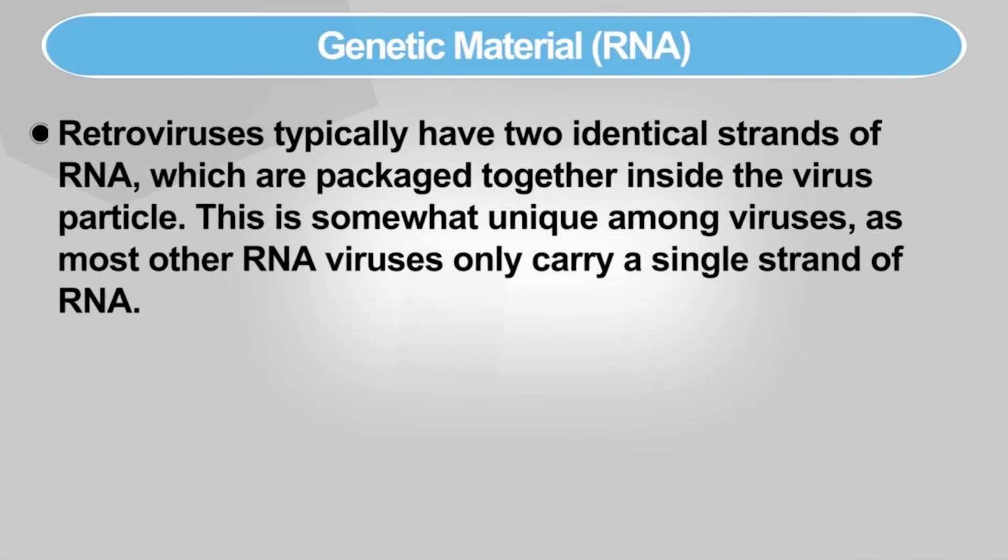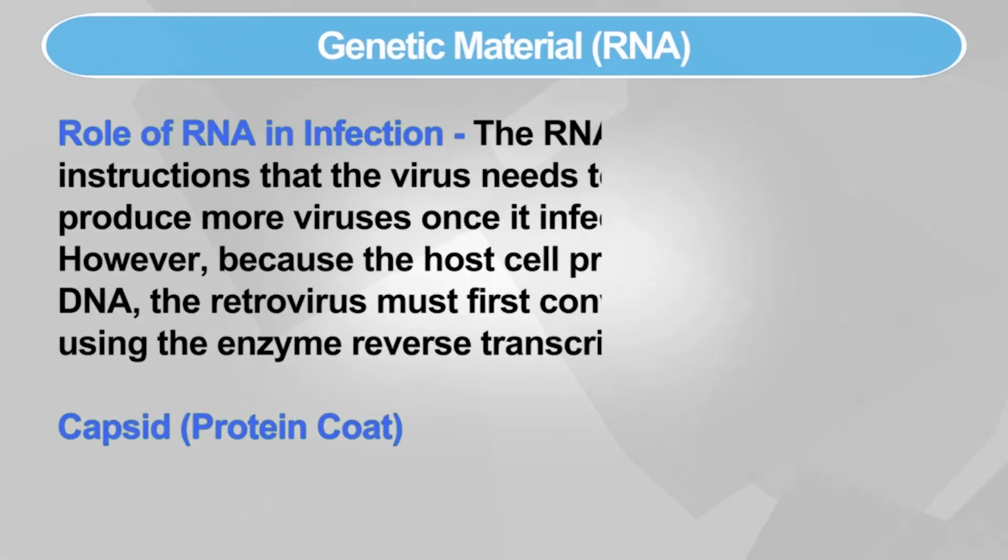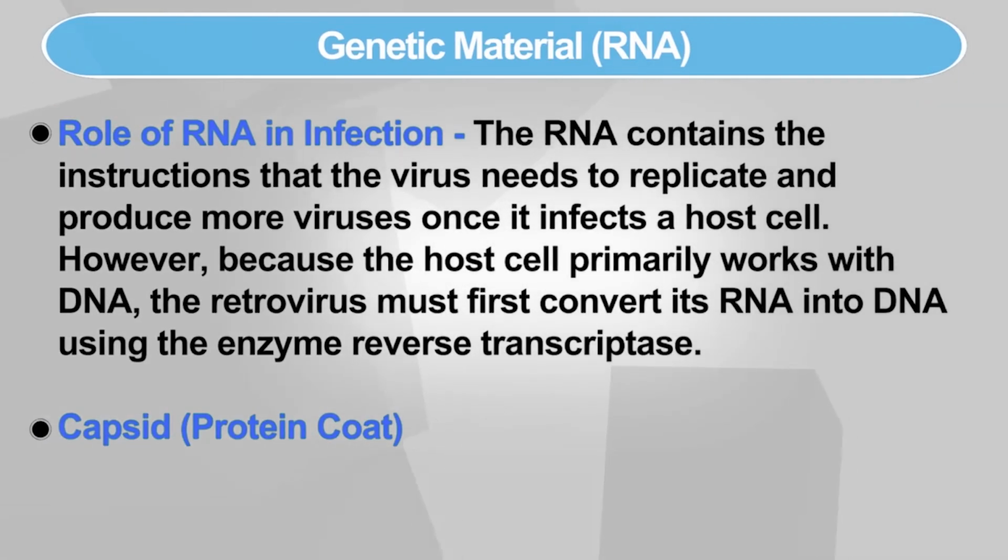Retroviruses typically have two identical strands of RNA, which are packaged together inside a virus particle. This is somewhat unique among viruses, as most other RNA viruses only carry a single strand of RNA. Let us study the role of RNA in the infection.